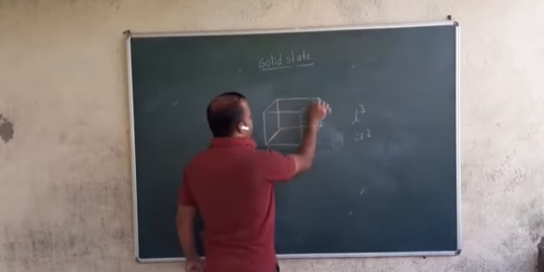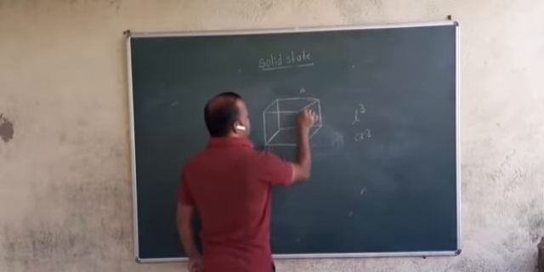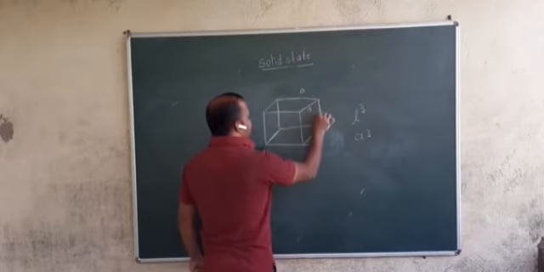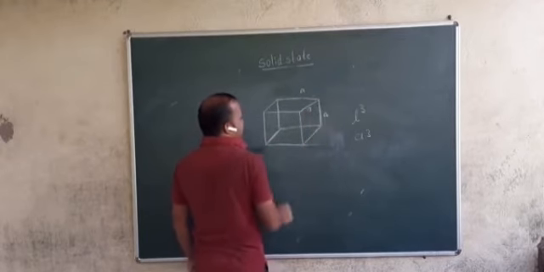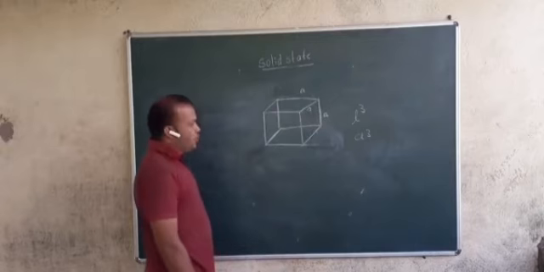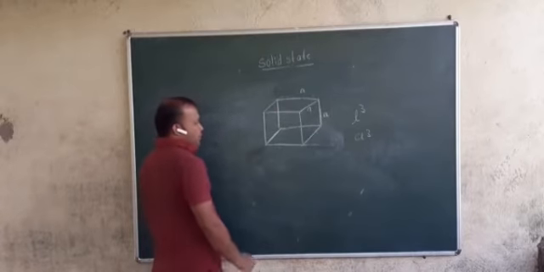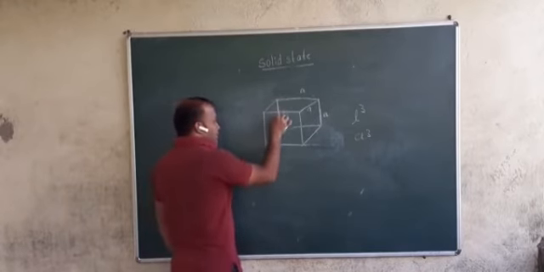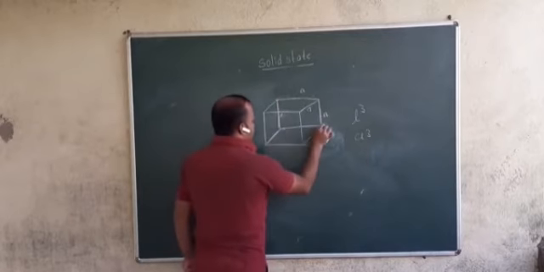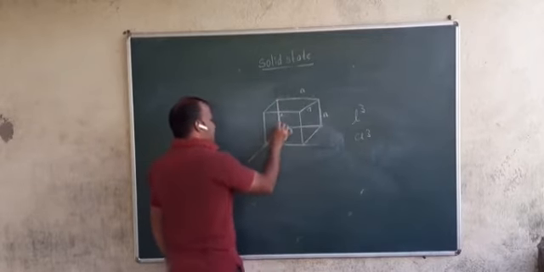So this distance is A, this distance is A, and this height is also A. Suppose this height is A, I'll extend it.